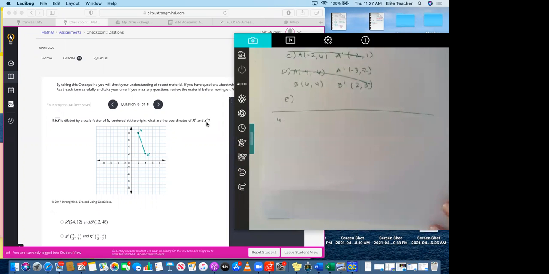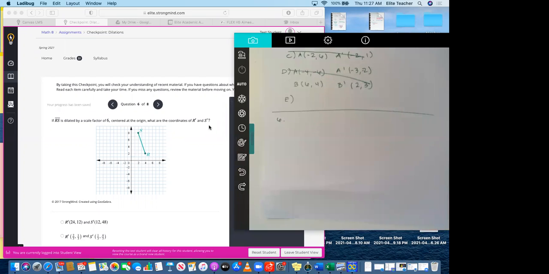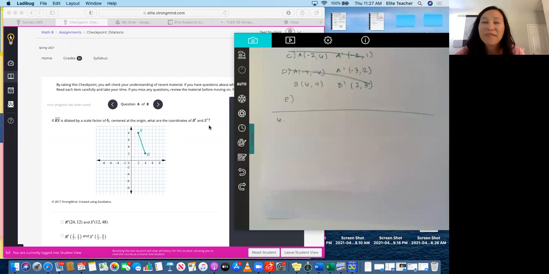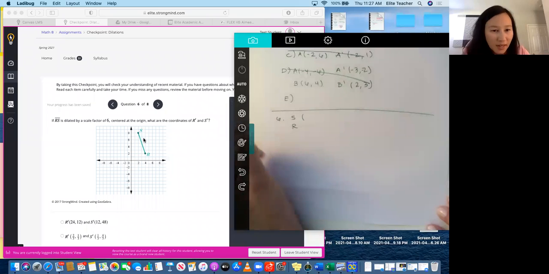So we are going to stretch this by a scale factor of 6. So what do I need to do to find R prime and S prime? Find the coordinates first. Yep. So find S and R. Yes. So we can write down those coordinates first.